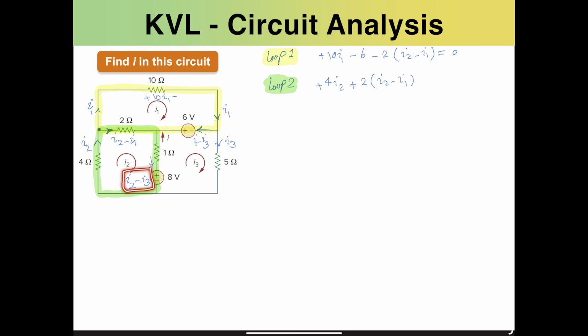It's in the direction of the current flow, so we would enter from the positive terminal. So we need to multiply positive 1 times I2 minus I3. Then we need to consider this 8-volt independent source as well. Since we enter from the positive terminal, we need to consider that as positive 8. And when we end up at our original position, we can conclude this loop as well.